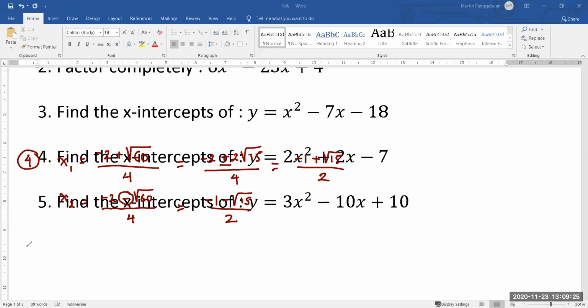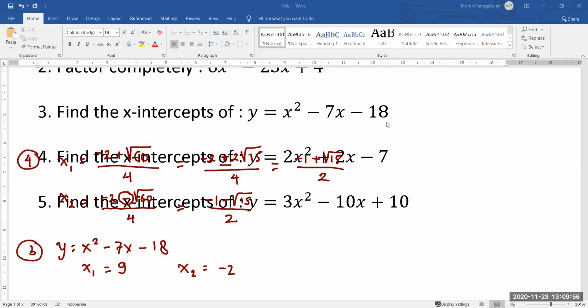For number 3, y equals x squared minus 7x minus 18. What is the x-intercept, the first one, and what is the second one? Anyone? 9 and -2. Okay, thank you, Kimi and Felicia. 9 and -2.